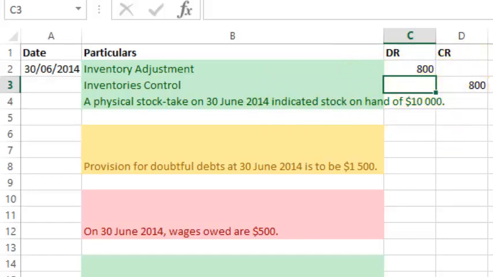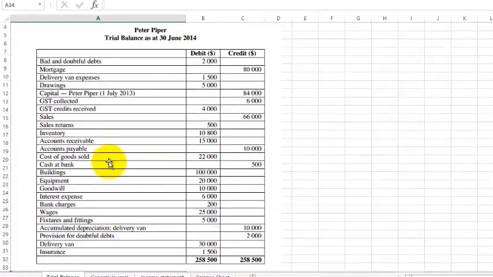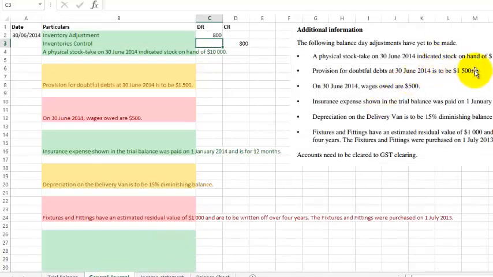The provision for doubtful debts should be $1,500. In order to make an adjusting entry, I have to work out what the current balance is. So again, I need to go back to my trial balance, and here it is here. Provision for doubtful debts is $2,000, so it needs to be reduced to $1,500.